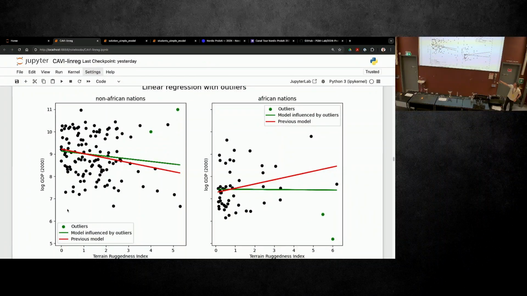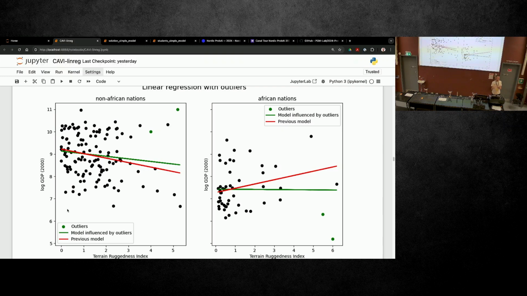The colors may be a bit unfortunate, but we have a green dot here and here. These are artificial countries that I have introduced, and we have the same thing down here. You can see that by just introducing two artificial data points, we actually see quite a difference in the behavior of the models that we are learning. They have a big impact on the solutions that we end up with.